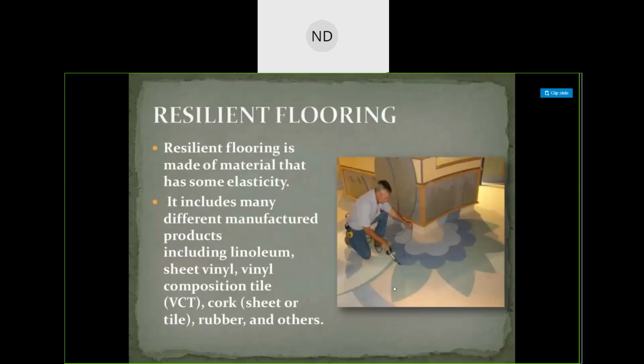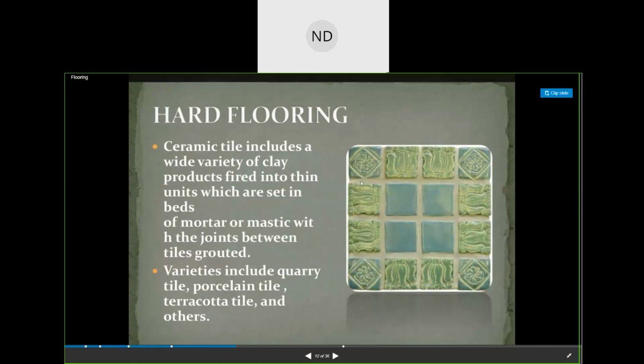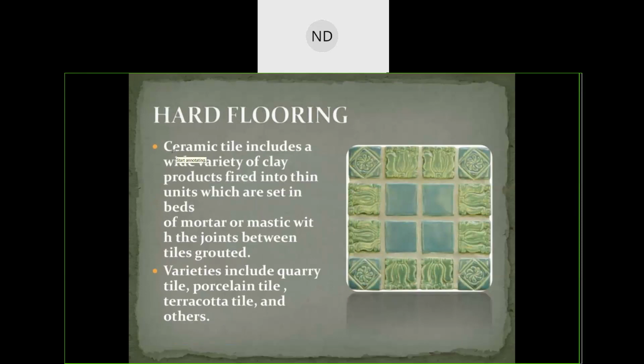Next is hard flooring. These are hard floorings, but not wood. Hardwood is different. This hard flooring can be ceramic. Tile includes a wide variety of clay products. These hard floorings are made up of clay, and with the help of clay you can have different ceramics.